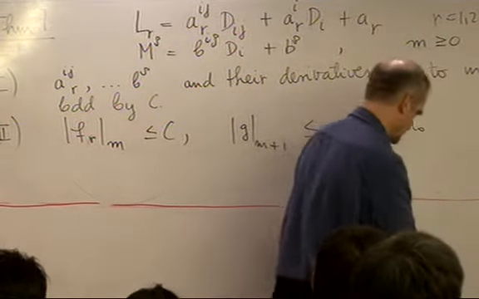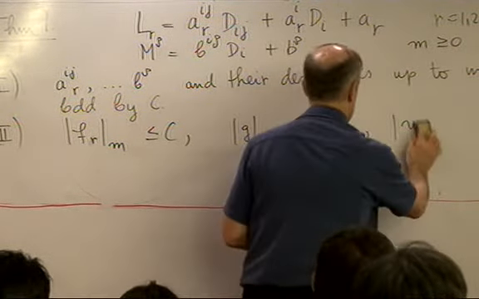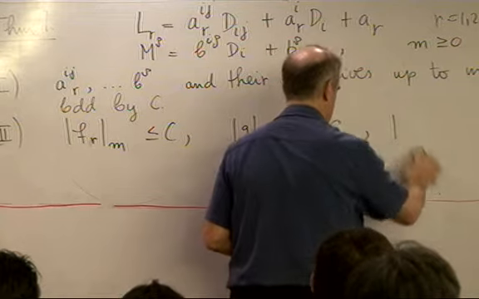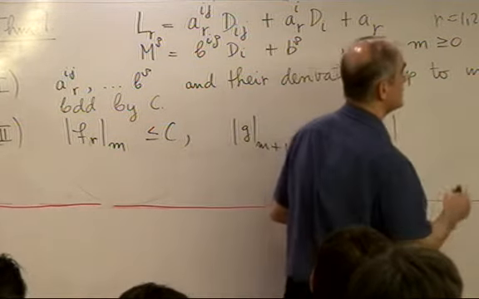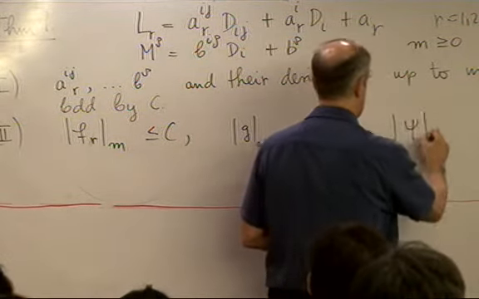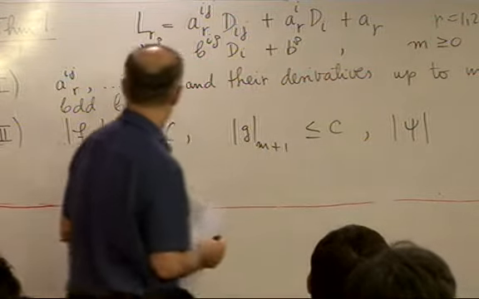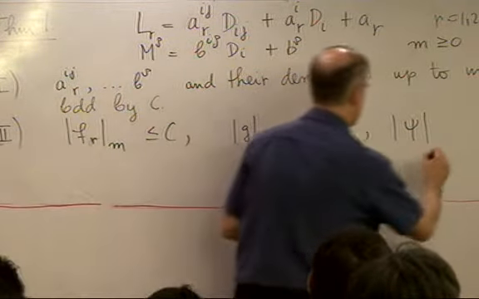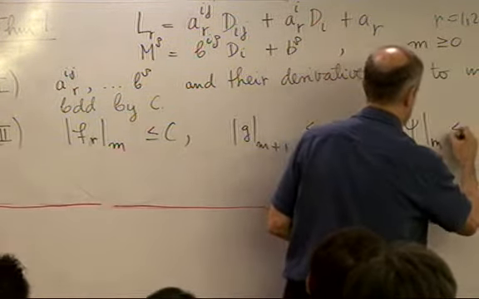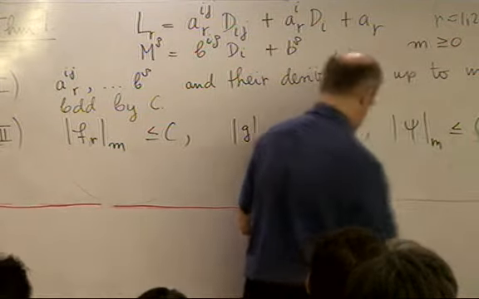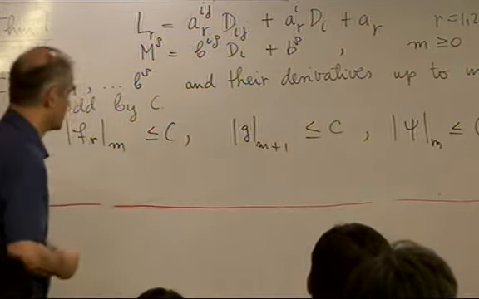Oops, I cannot use this U not anymore because there will be a confusion. So our initial condition psi is also in M, less than or equal to a constant C.